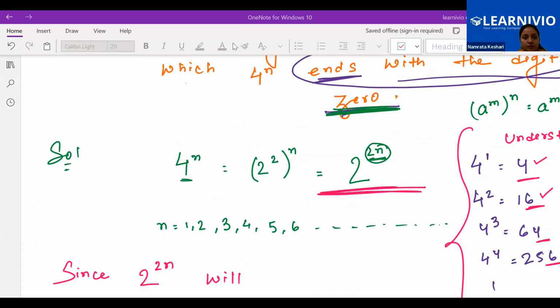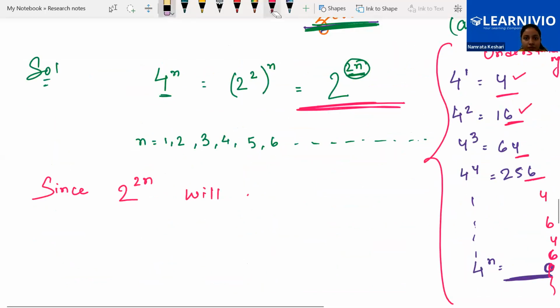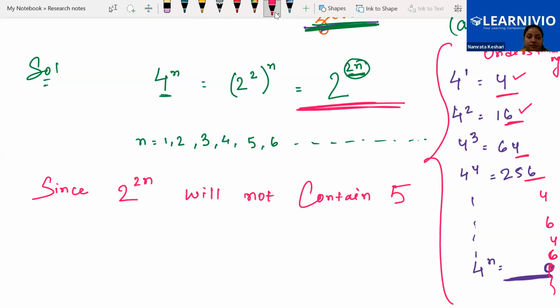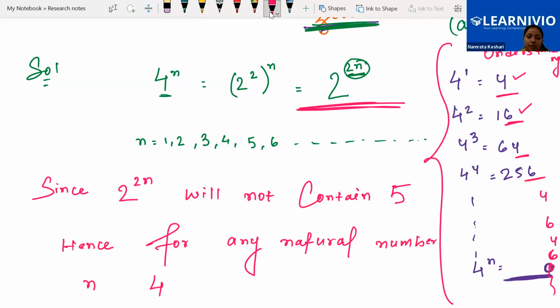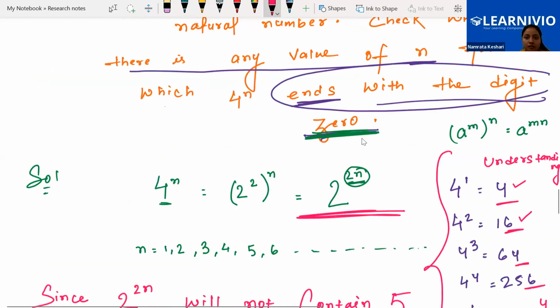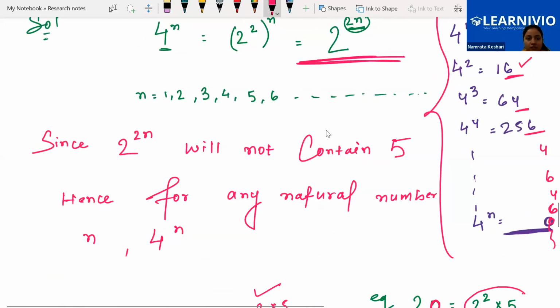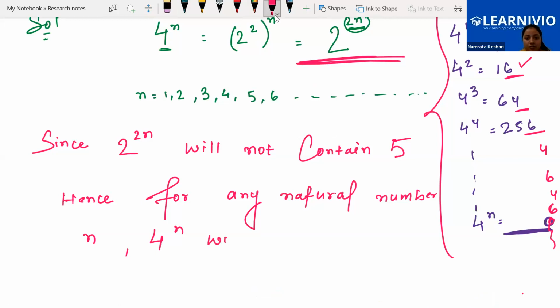Will not contain 5, hence for any natural number n, 4 to the power n will not end with 0 as last digit.